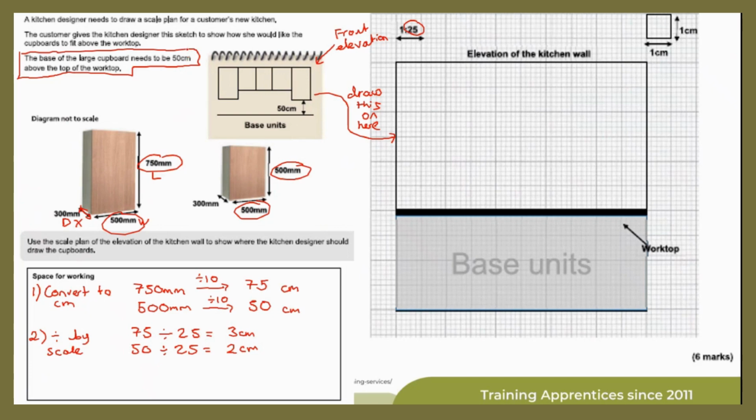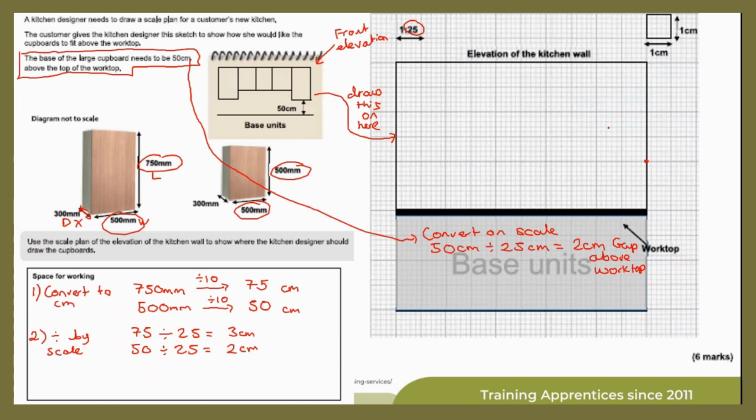But actually, with that 50, we need to convert on the scale. So the 50 centimetres, we need to divide by 25, which gives us 2 centimetres. So it needs to be a 2 centimetre gap above the worktop. So we're going to start 1 centimetre, 2 centimetre. We're going to start our measurements from here.